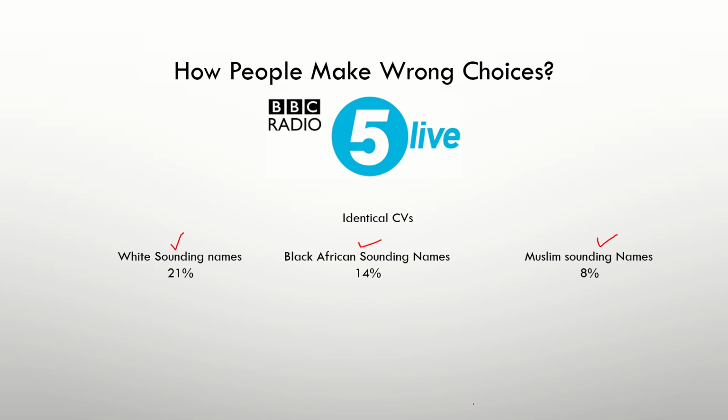It was a subconscious realization that someone belonging to the recruiter's group increases their chances of being invited for an interview. I don't think this is ill will, but it is another example of how people make bad decisions or choices.